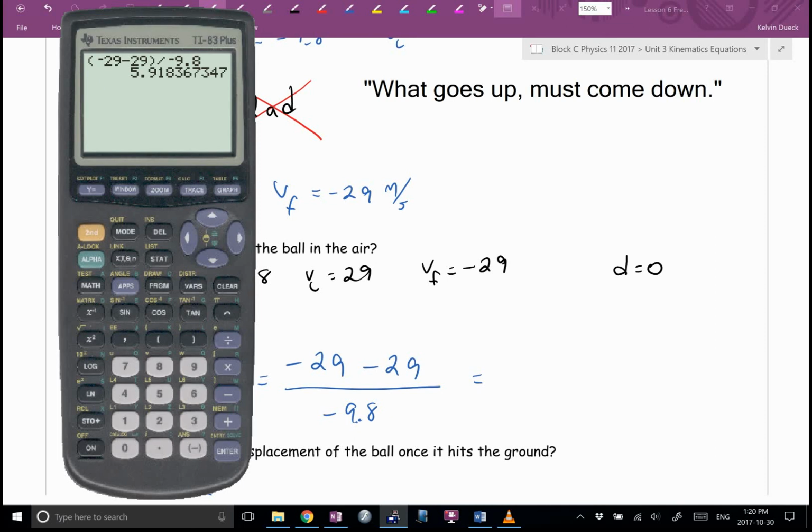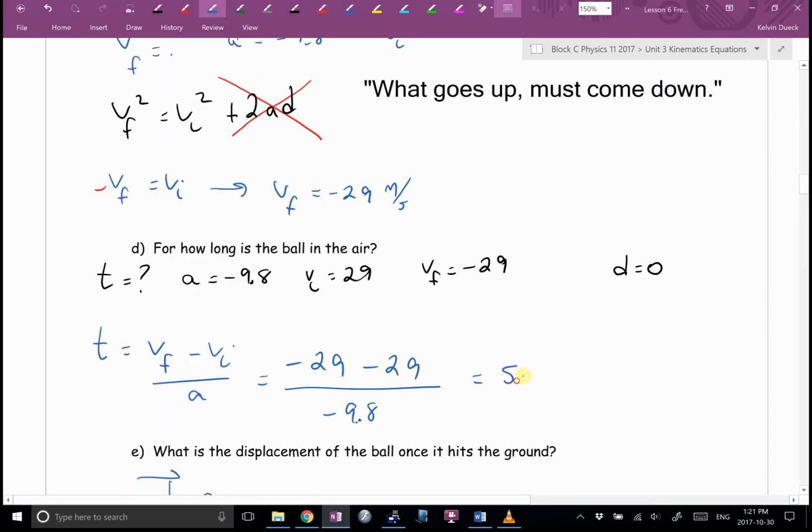I'll go 5.92. Thumbs up, thumbs down, yes, no? Am I wrong? Negative 29 minus 29. I'm right, am I not? Oh, had me worried for a second there. 5.92 seconds.